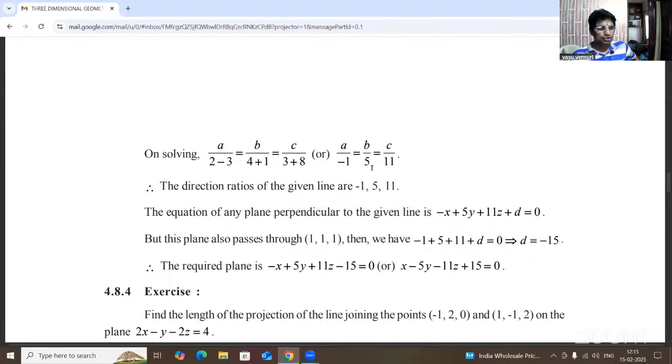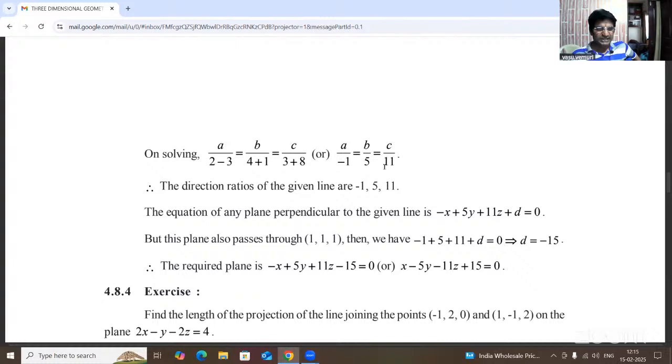So the equation of the plane perpendicular to the given line is, substituting a, b, c in ax plus by plus cz plus d equal to 0, minus x plus 5y plus 11z plus d equal to 0.